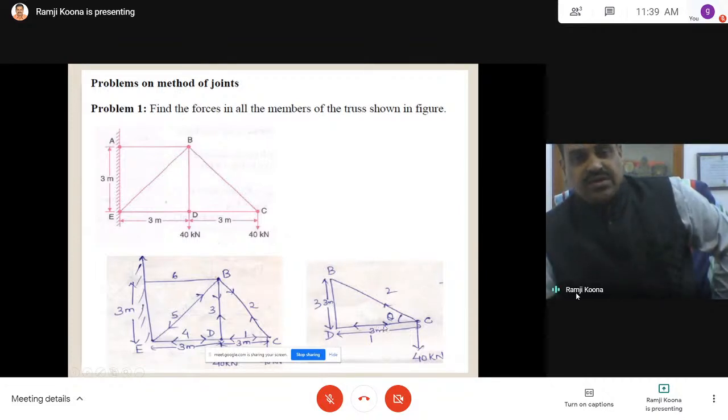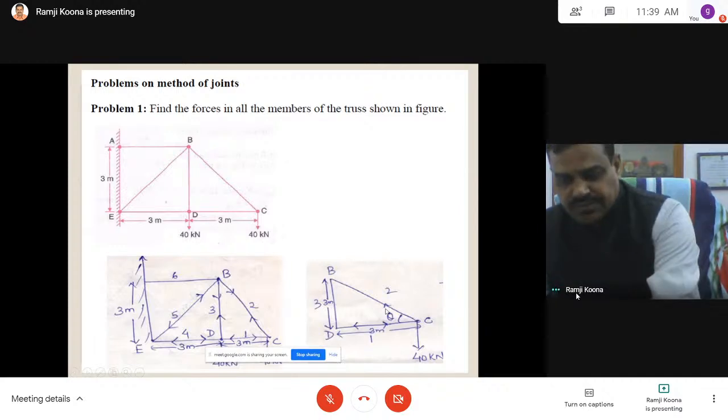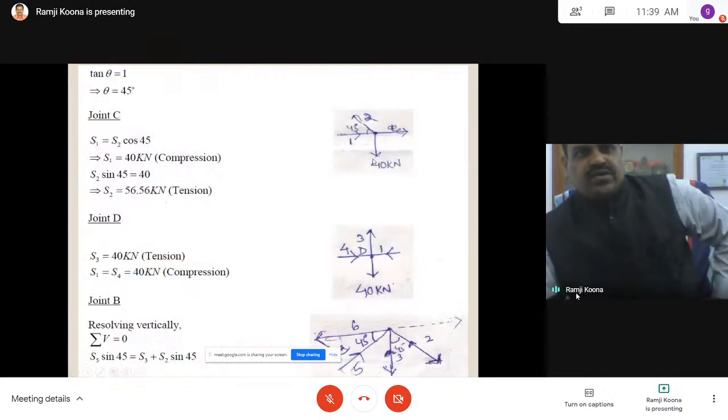I am assuming one is tensile and the other is compressive: one toward the joint, another away from the joint. Now I am calling this S1 and this S2. S1 is equal to S2 cos 45. There is no horizontal load, only vertical load is acting.